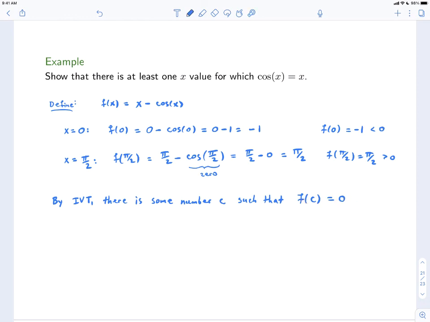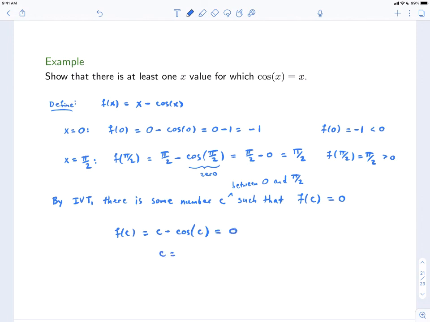So I can even say there is some number c between 0 and pi over 2 such that f of c is equal to 0. So what does that mean? Well, f of c is equal to c minus cosine of c, and that's equal to 0.